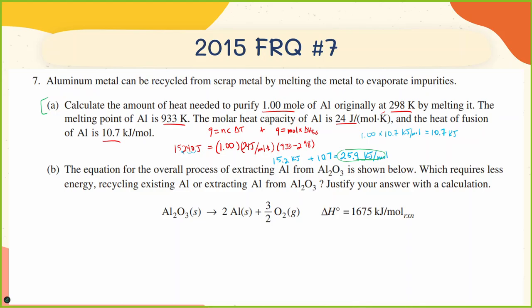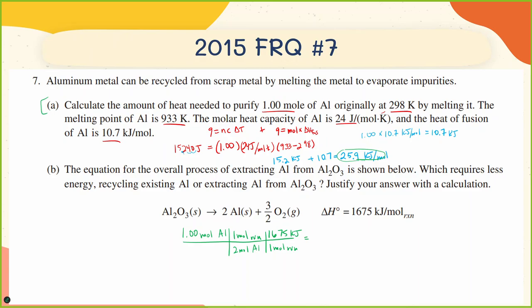So 1 mole of aluminum, there's 2 moles of aluminum per mole reaction, and then 1 mole reaction is going to cost 1675 kilojoules, like so.